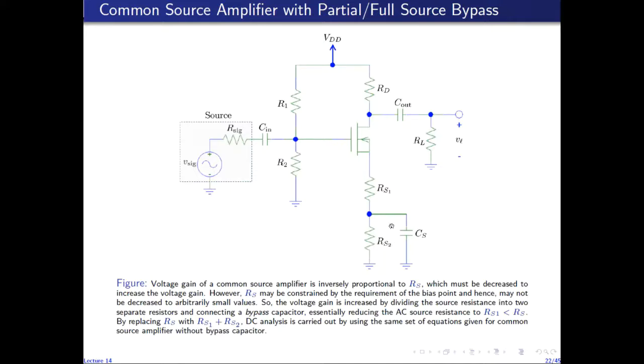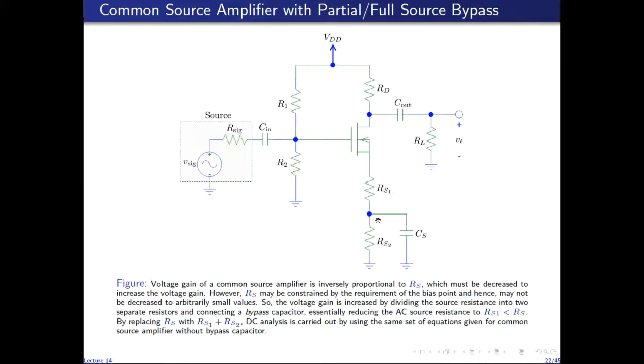So you can assume that RS1 plus RS2 is equal to RS as before, which means that you can use the same expressions for the analysis of DC currents and voltages as I showed earlier. The only difference is that in those expressions, you need to replace RS with RS1 plus RS2.